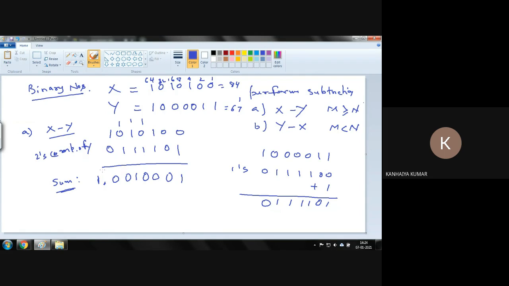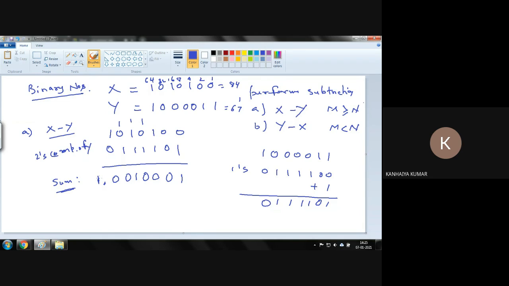Let me check once whether it is correct or I forgot something. So it was 0, 4 times 1, 0. So 2's complement was okay for y. So we got 1, then 3 times 0 from right to left. Then it should be 1, 0, 0.